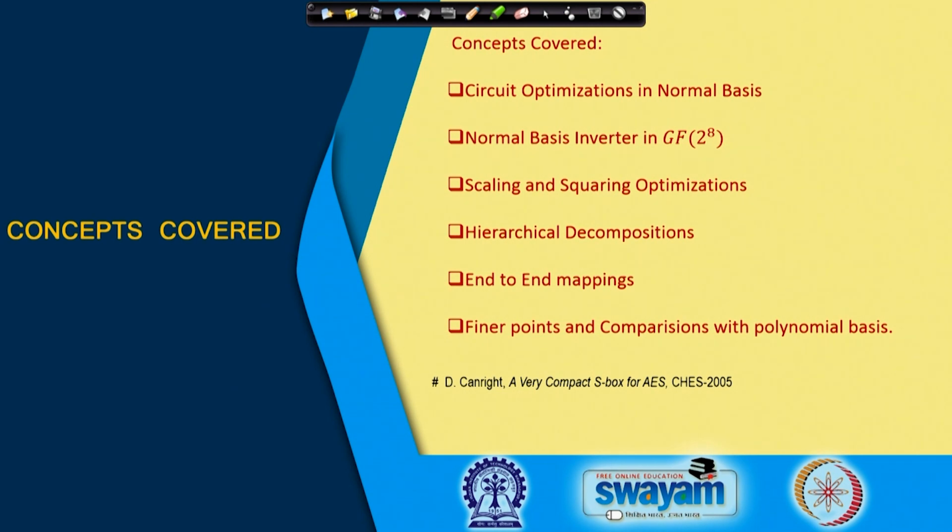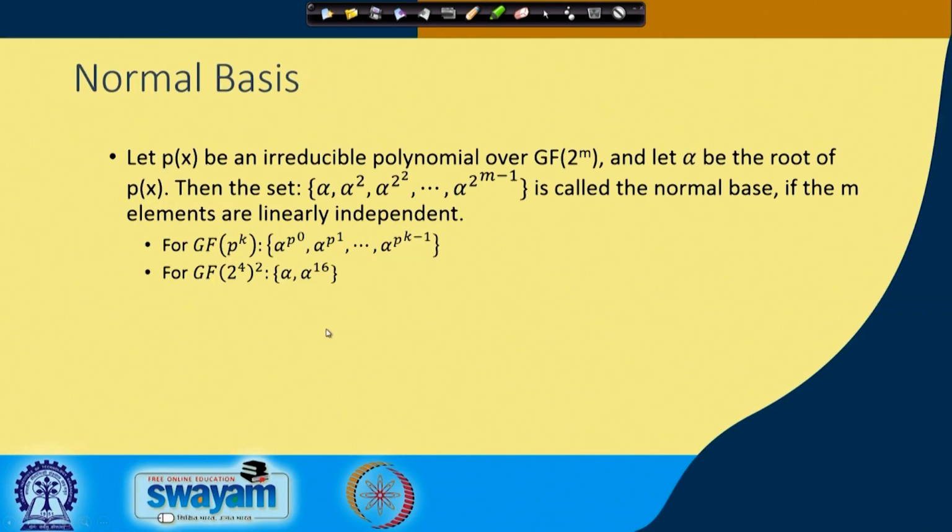We shall try to understand the hierarchical decompositions in normal basis GF(2^8), GF(2^4) and finally GF(2^2), and finally obtain the end-to-end mapping for getting the functionally equivalent output as that of an AES S-box. We shall also conclude with some finer points and comparisons with the polynomial basis representation. So, with this idea, let us start.